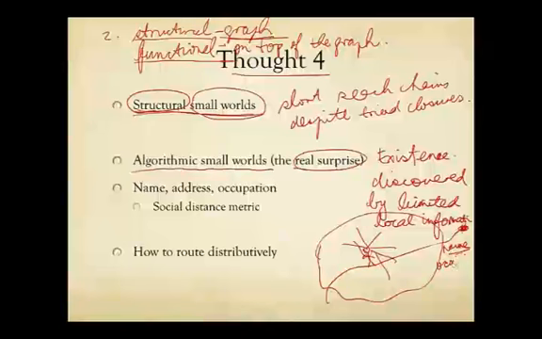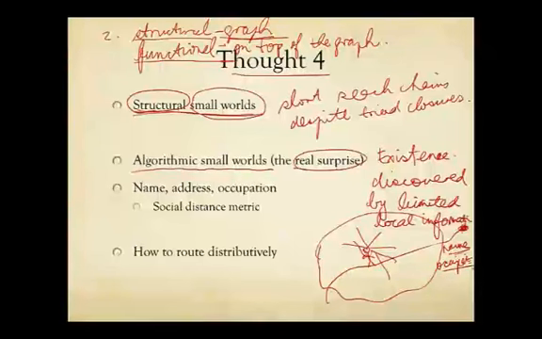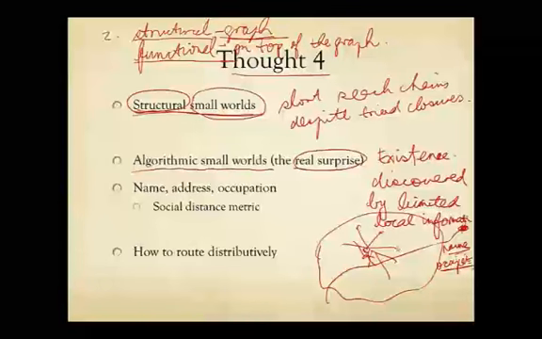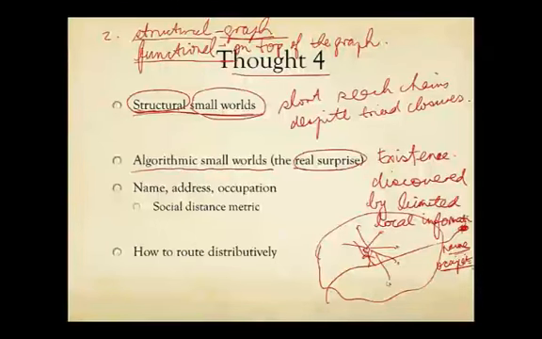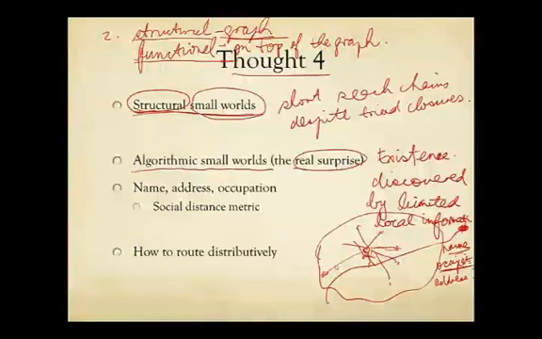The occupation also tells you something. For example, in Milgram's case, it's a stockbroker. So you may think maybe a banker is close enough to this occupation. I'll try to look for my banker friends, okay, as opposed to, say, a nurse. And of course, the physical address also tells you something. You probably want to forward to somebody closer to Boston rather than going out west to Los Angeles, for example.